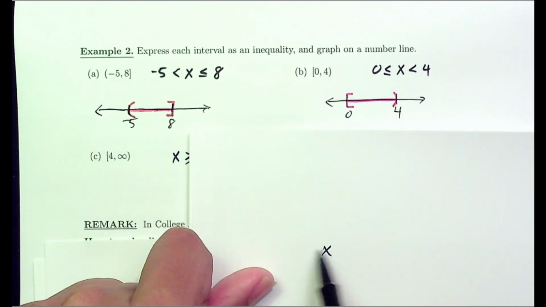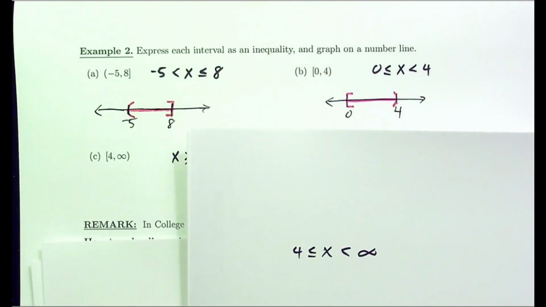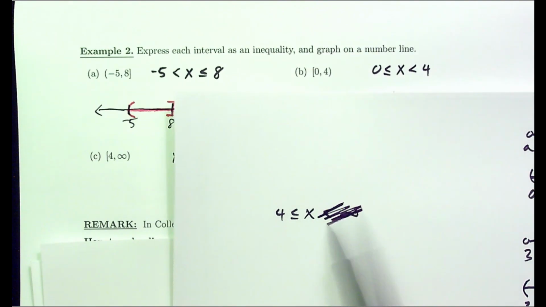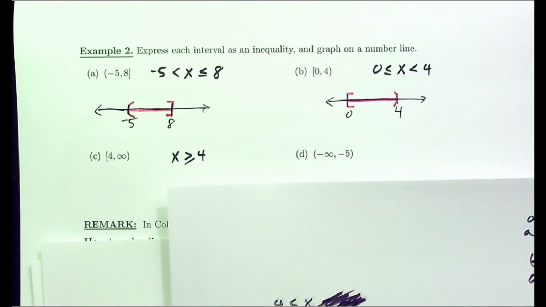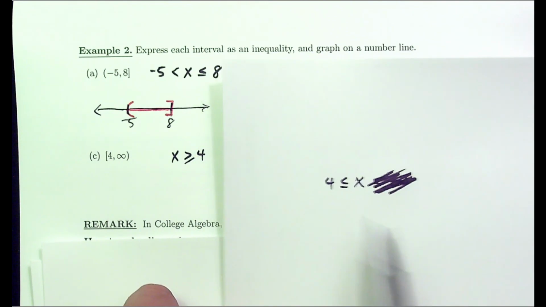It is not wrong to do that. But in college algebra, we typically don't do this. If it's just infinite on one side, we just don't write it. So we just say x bigger than or equal to 4. So both of these are actually correct. They are the same thing.